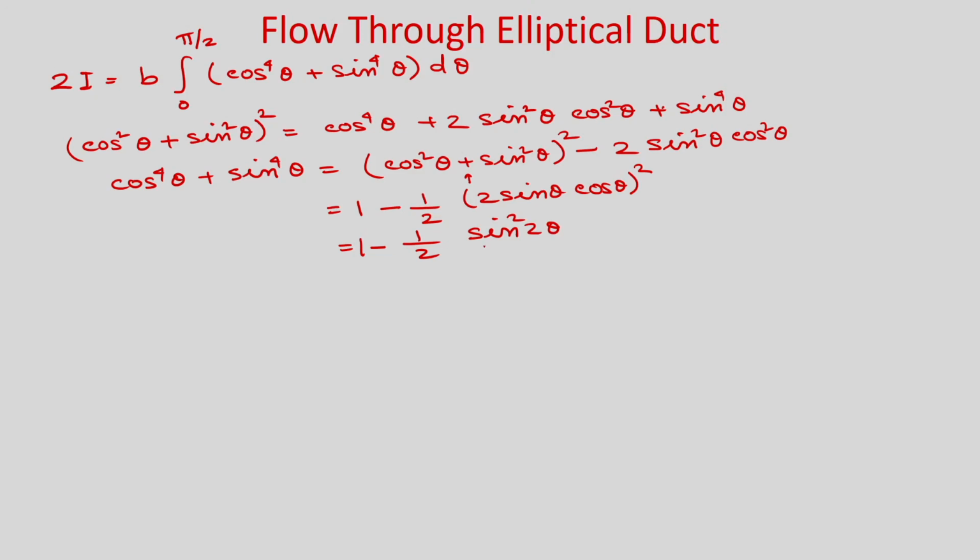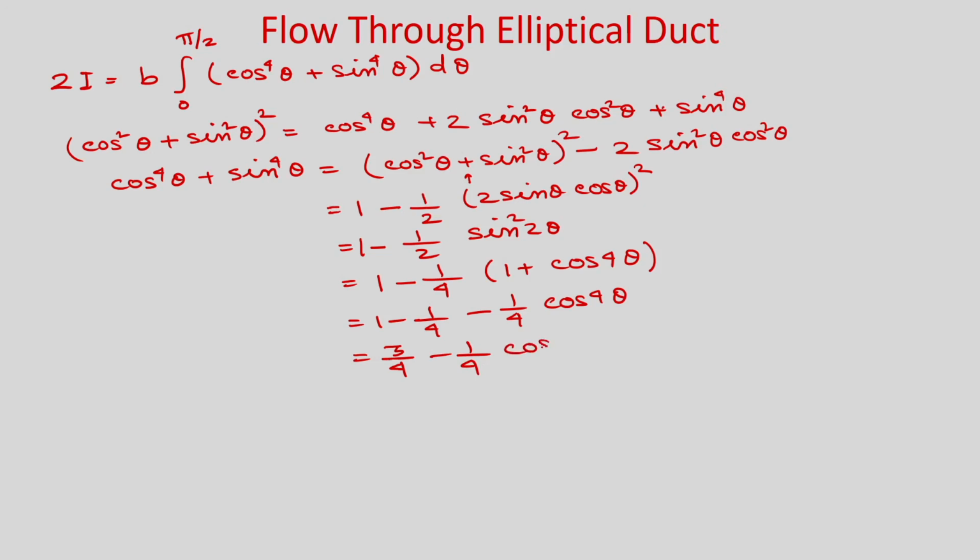And now we can again write 1 minus 1 by 4 of 2 sin square theta. Now, 2 sin square theta is 1 plus cos 4 theta. So, it will be 1 minus 1 by 4 minus 1 by 4 cos 4 theta. So, it will be 3 by 4 minus 1 by 4 cos 4 theta.